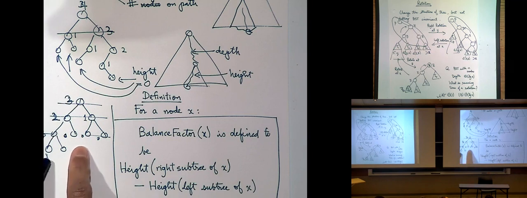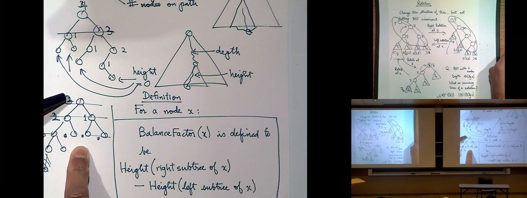But for this tree, this one specifically here, what is the balance factor? Yeah? 1. Why is it 1? Left subtree of this node, or the root. Doesn't matter, right?